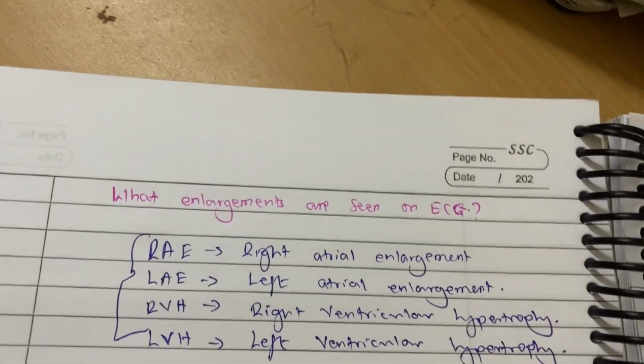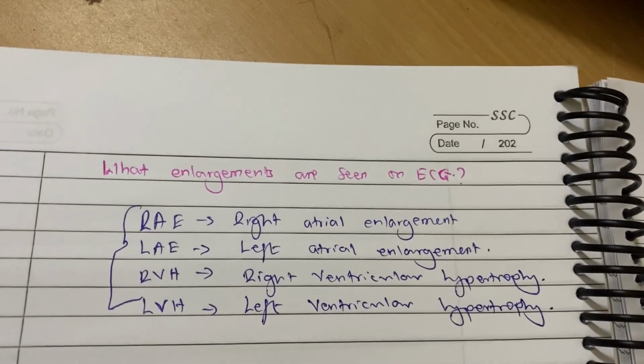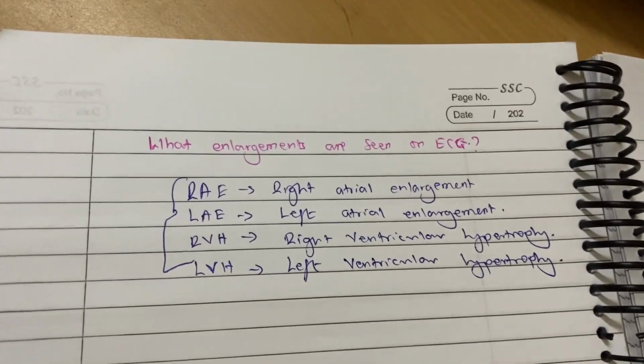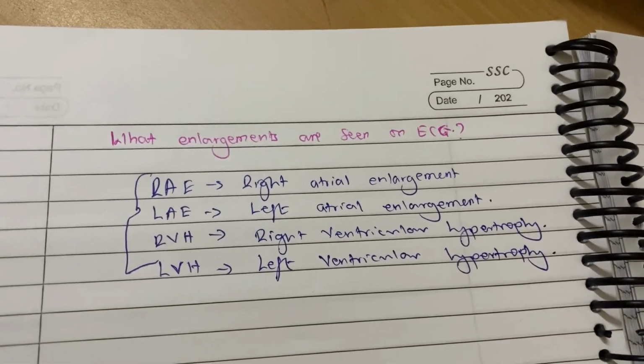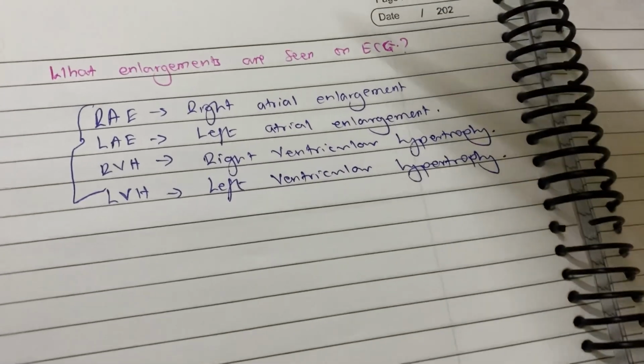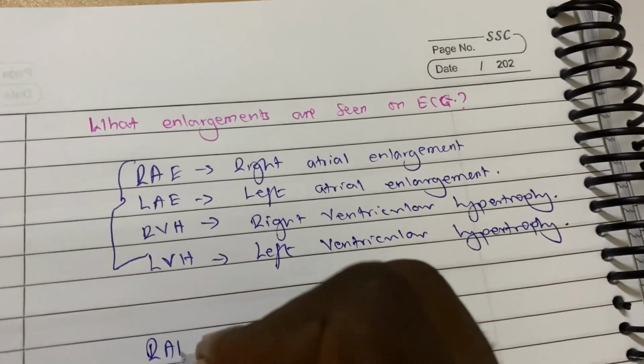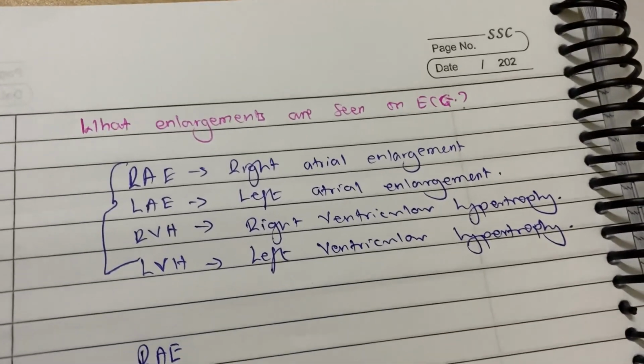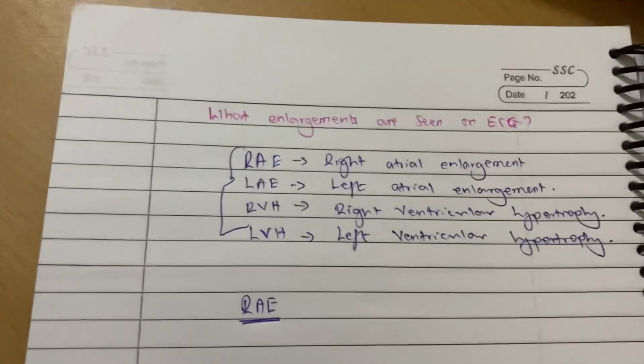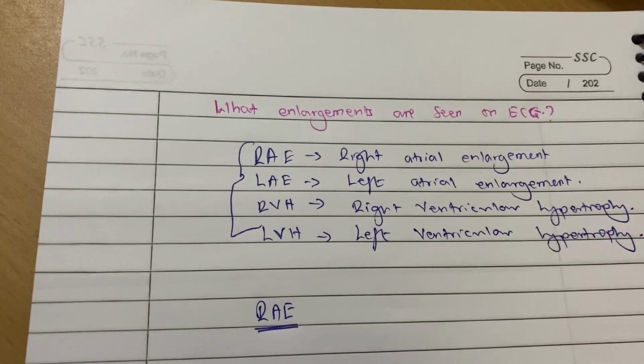So we are going to see them one by one. What are we starting with? We are starting with right atrial enlargement. Very fast, because we have to see them on the ECG. In right atrial enlargement, remember the normal ECG.